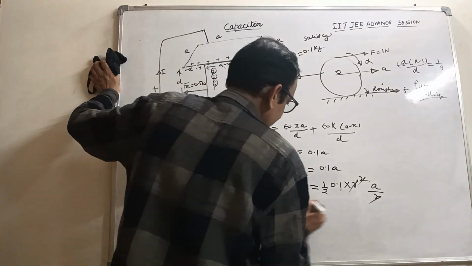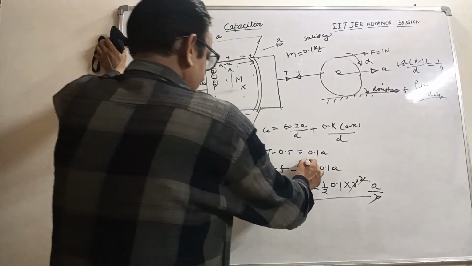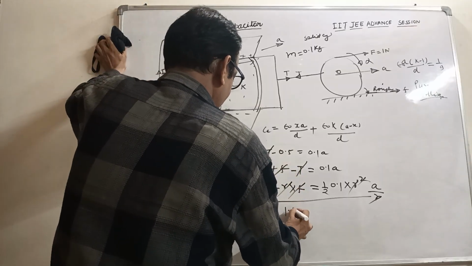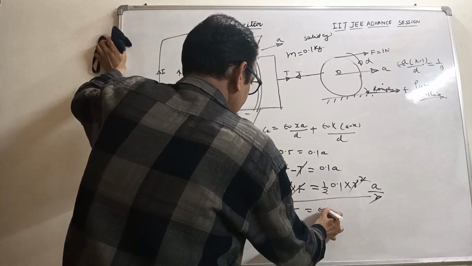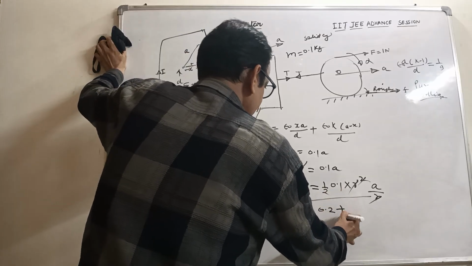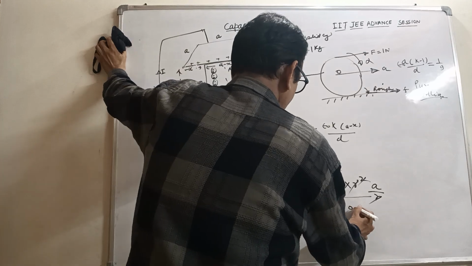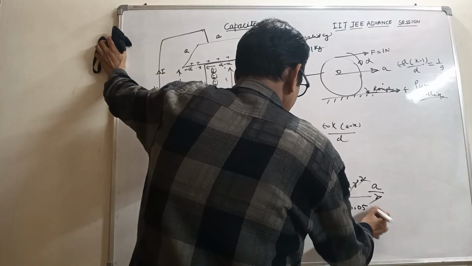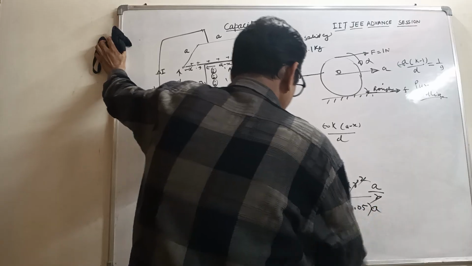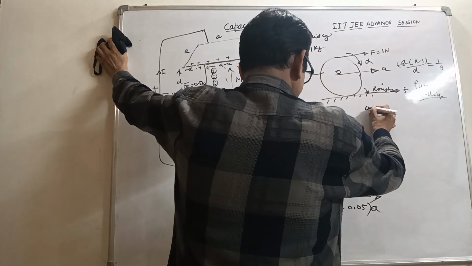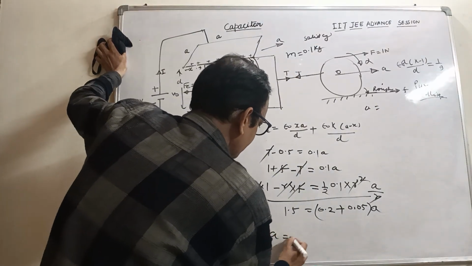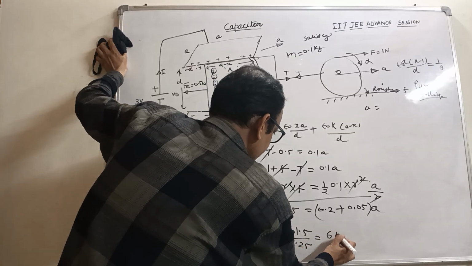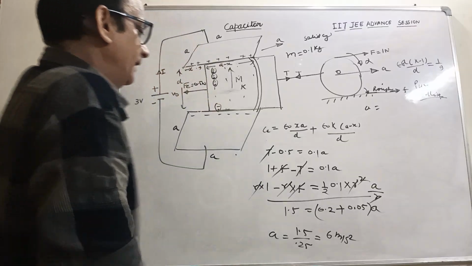So on addition of the equations, T cancels out, F cancels out, this becomes 1.5 and this becomes 0.2 and this becomes plus 0.05, this becomes 0.05 A. So A would be 1.5 by 0.25, this becomes 6 meter per second square. This is the acceleration.